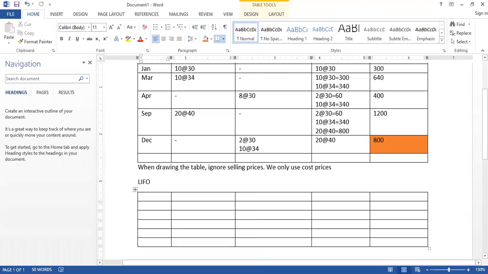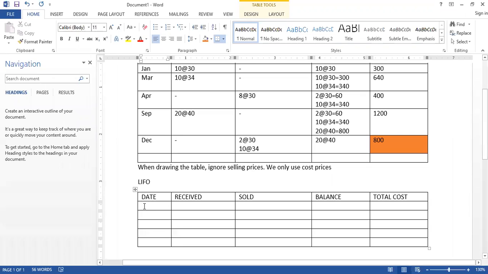So you have the date, the received or the bought, whatever word you use, the sold or the issued, and then the balance, and then the total cost. Okay, so let's start. We do not have any balance brought down, so we leave it. It's just the same example in both the methods. So you are asked to calculate the value of your inventory using the LIFO method.